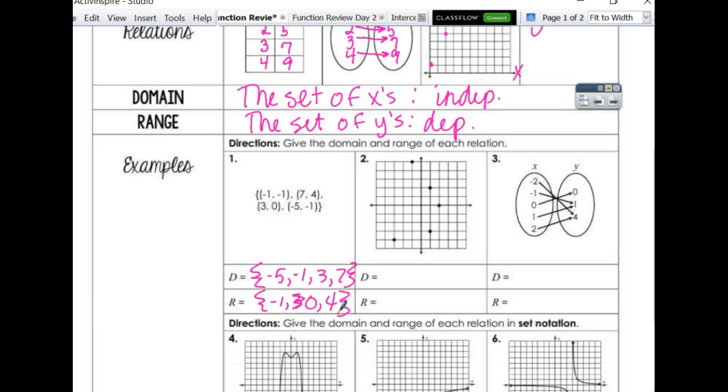Okay, what do I do with the next one? Where do I get the x's and y's? From the points, right? They're all listed. You could list the points so you could get the x's and y's.